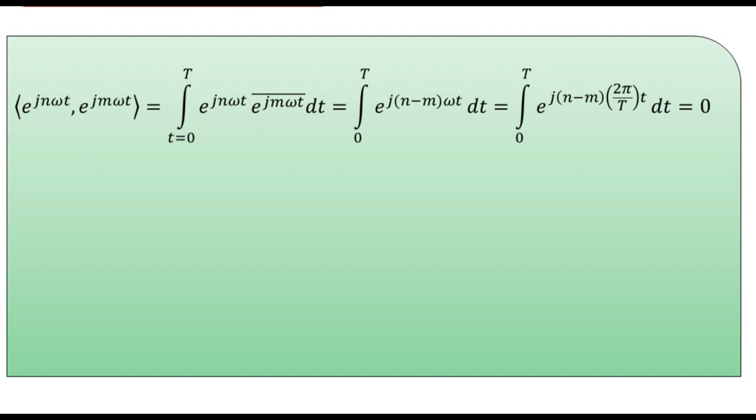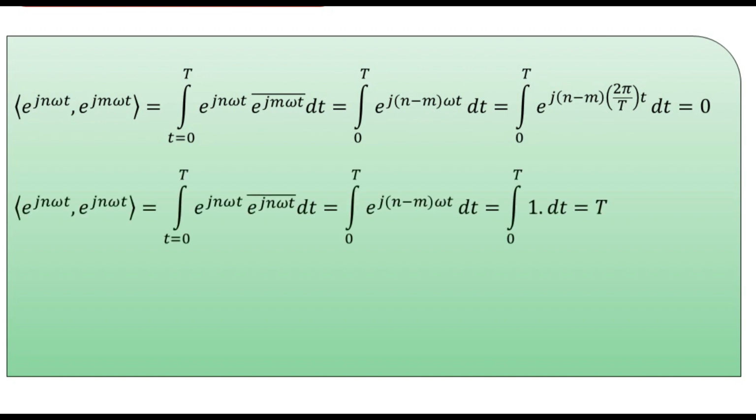So here we have to prove that the functions are orthogonal, but the condition of orthonormality for the complex exponential functions is again a question here. So for orthonormality, we have the integration t is equal to 0 to capital T for e to the power j n omega t with the same complex exponential e to the power j n omega t, dt, that is equal to the integral 0 to capital T e to the power j times (n minus n) omega t dt.